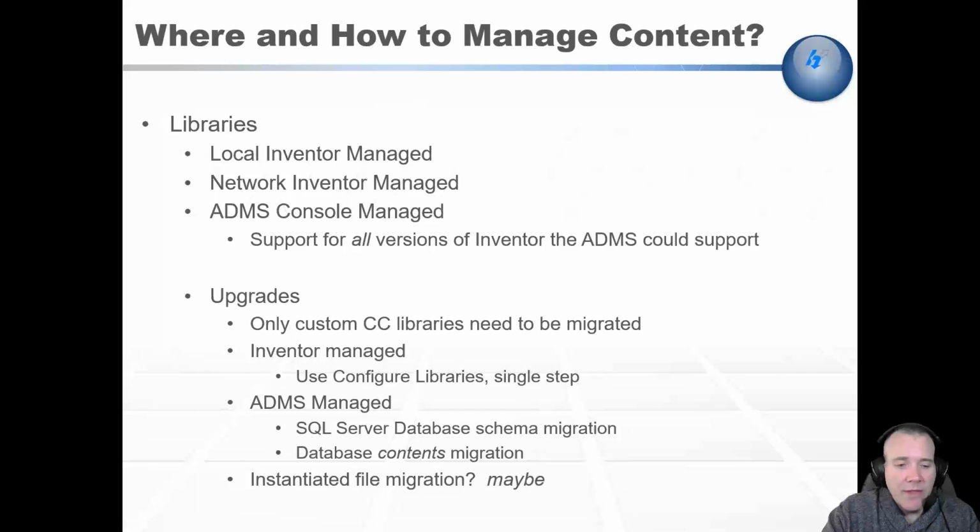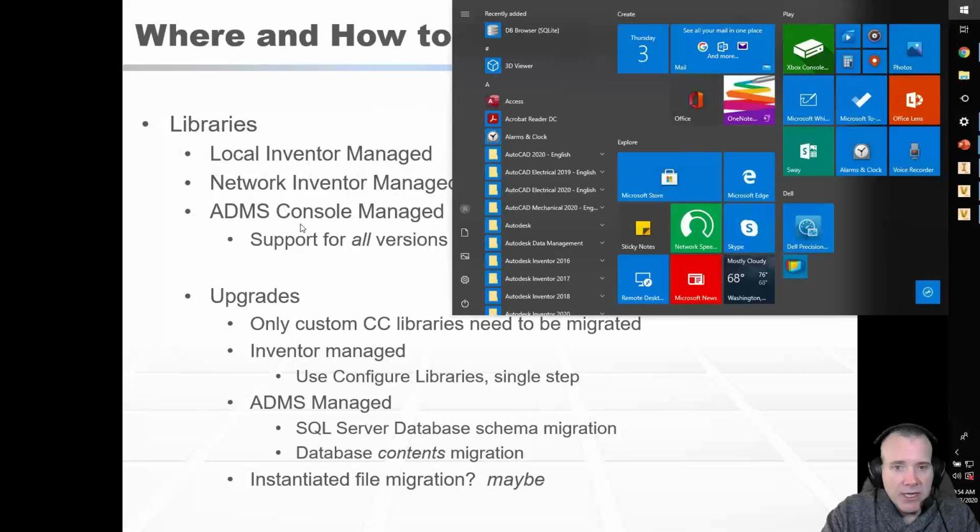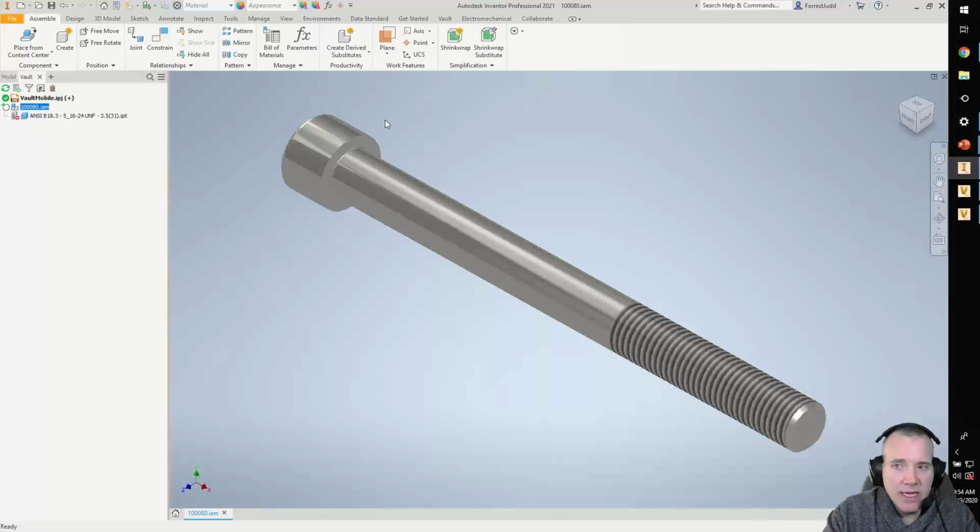So whether or not you migrate the Inventor files, Content Center files or not, really comes down typically to performance. When you open an Inventor file from a previous release in Inventor, it will migrate those files in memory when you open them.